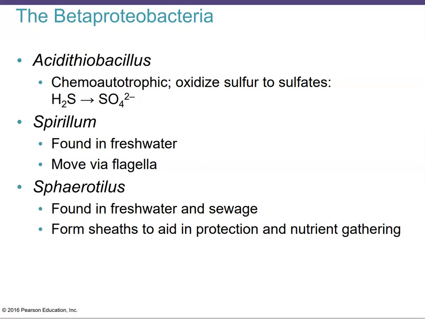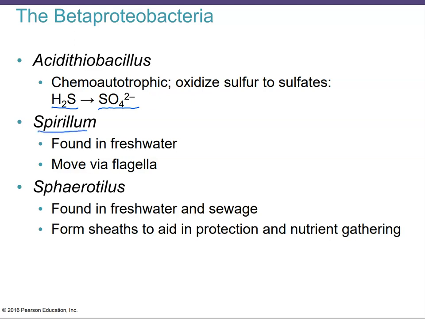moving on to the beta proteobacteria, and here we have Acidithiobacillus. This one is chemoautotrophic and oxidizes sulfur to sulfates. So it will take hydrogen sulfide, which is a smelly gas, smells like rotten eggs, and it will convert it to an oxidized sulfur, sulfate.